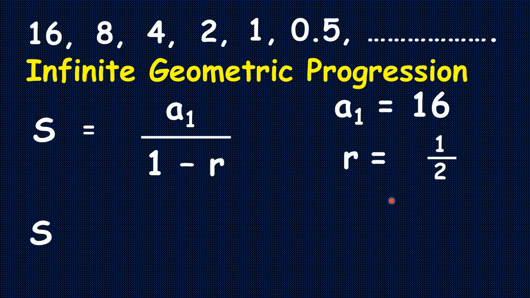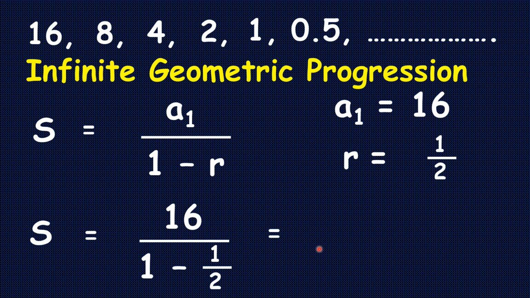So let's substitute accordingly. So we have A1 over 1 minus R, A1 being 16, 1 minus R, R being half, so it will be 1 minus half, and that gives us 16 over half.